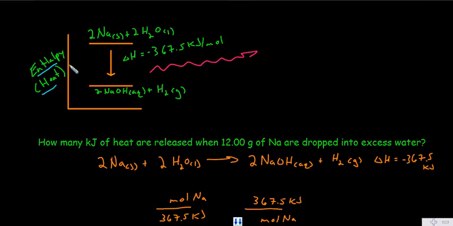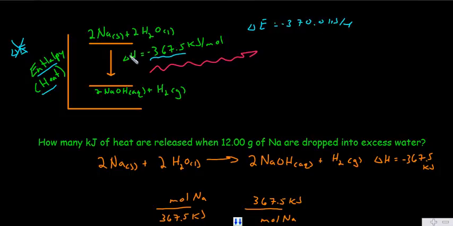You'll see that this is somewhat different than delta E, the change in chemical energy. In fact, it's often going to be smaller. For this reaction, the delta H is negative 367.5, whereas the delta E you saw up there was negative 370.0 kilojoules per mole.